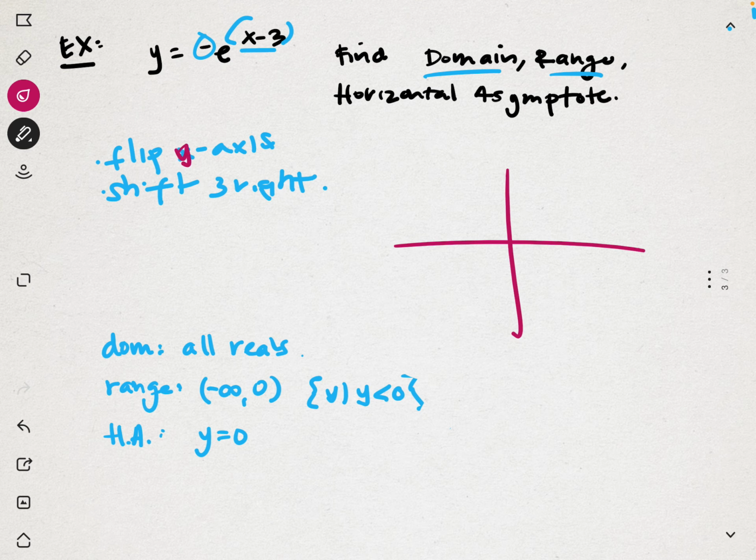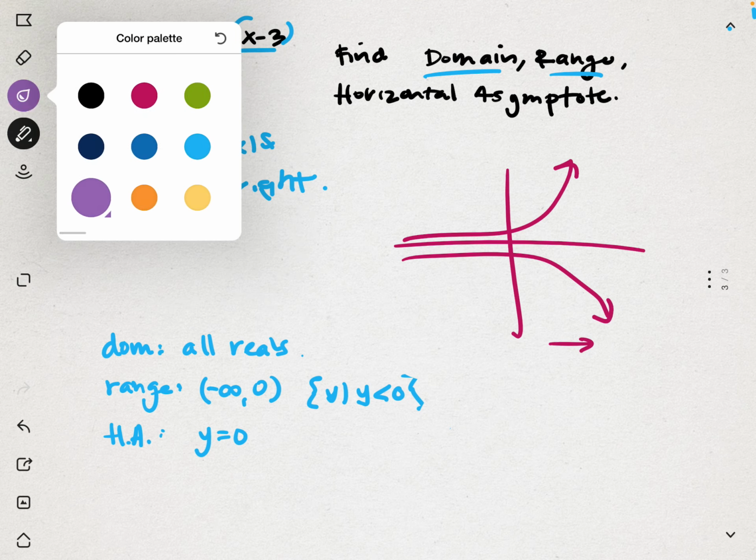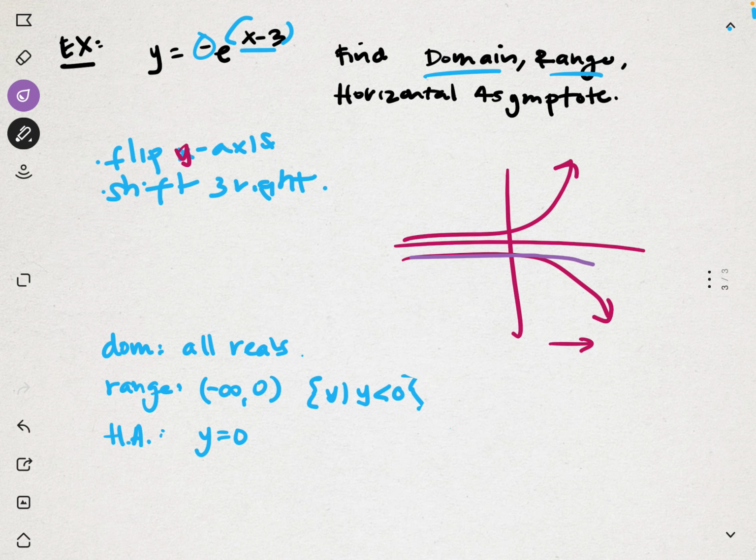So it flips over the x-axis. Sorry about that. And then it shifts 3 right. So let's do that in a different color. Okay, so this is the actual one we're looking at. So the information is the same. I just drew it funky because I didn't go all the way back and restart.